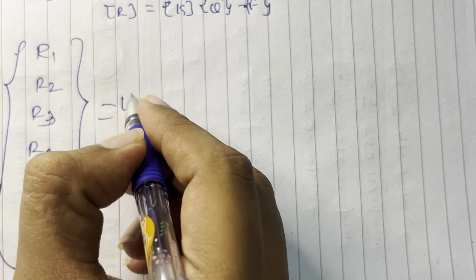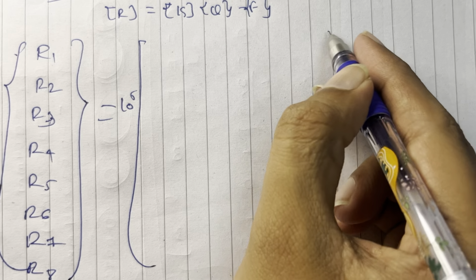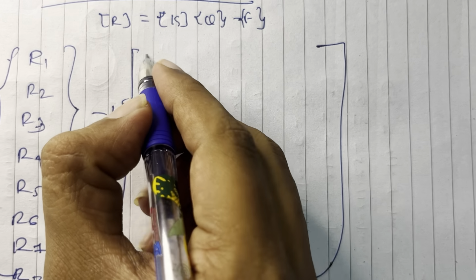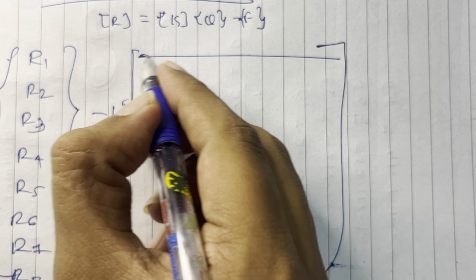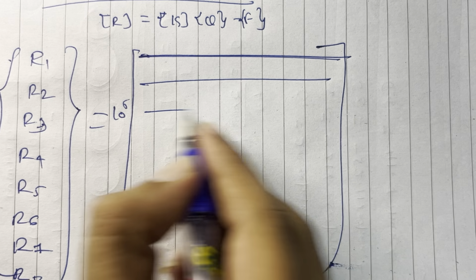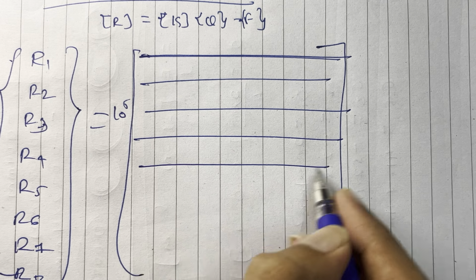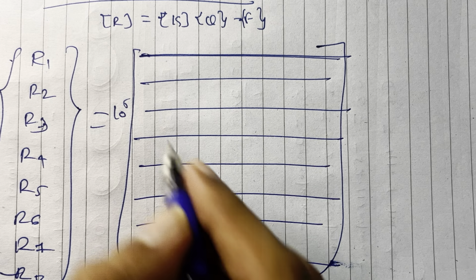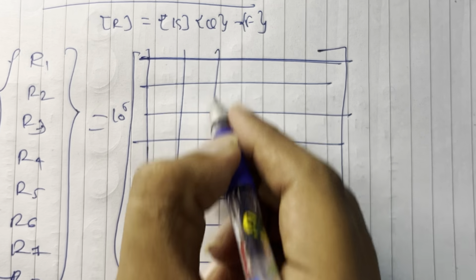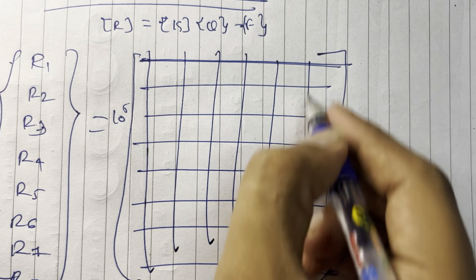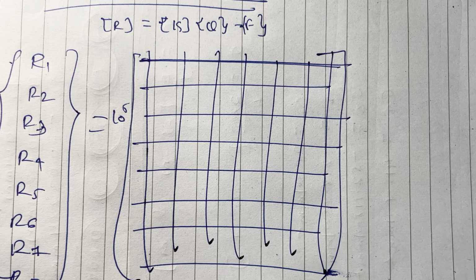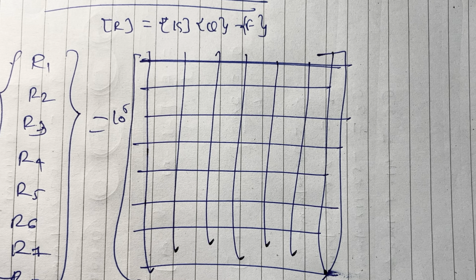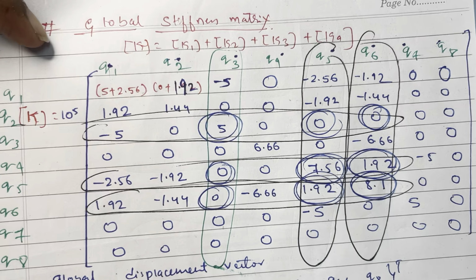Here 10 raised to 5. Here you will be having the total matrix: first row, second row, third, fourth, fifth, sixth, seventh, eighth, and first column, second column, third column, up to the eighth column. Because already we have calculated the matrix here, the same matrix we have to write one more time.